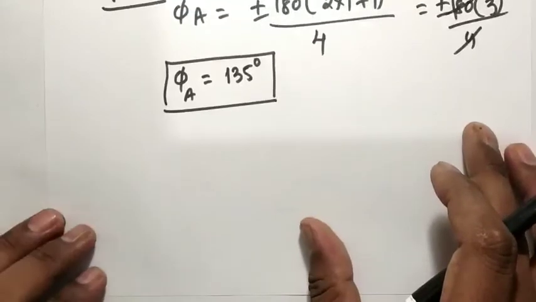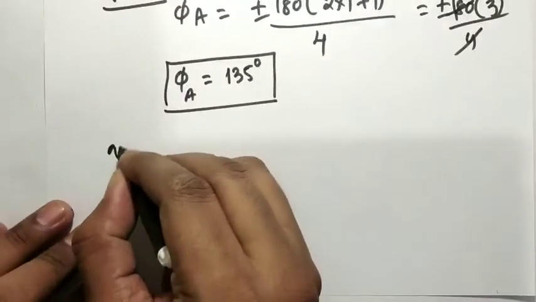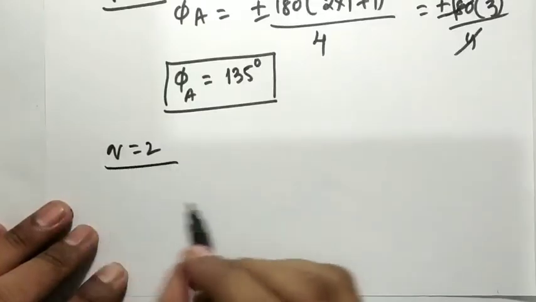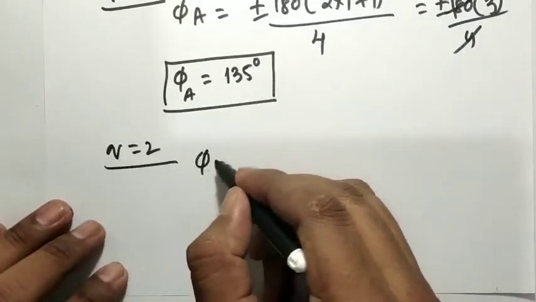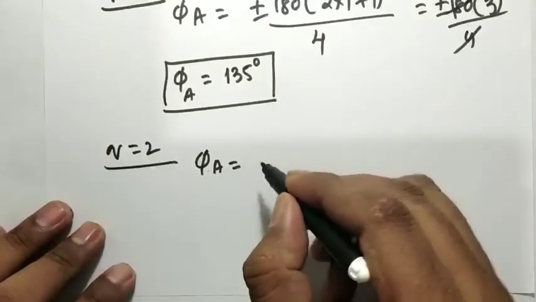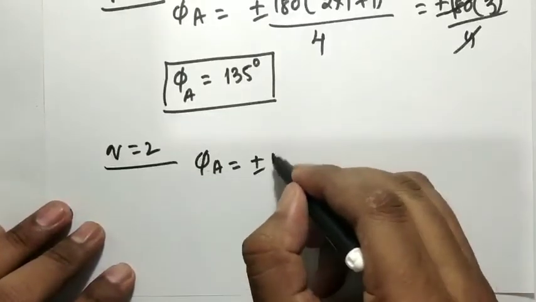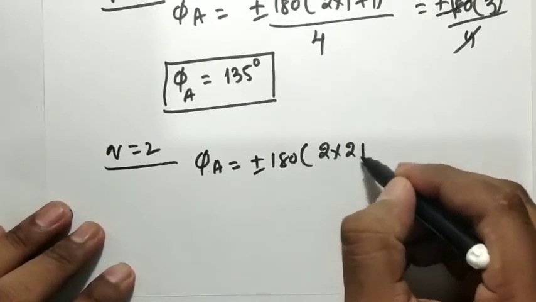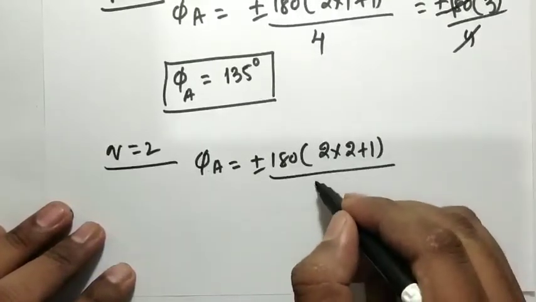Next, q is equal to 2. For q is equal to 2, what is the asymptote? φa is equal to plus or minus 180 into 2 times q, which is 2, plus 1, by 4.